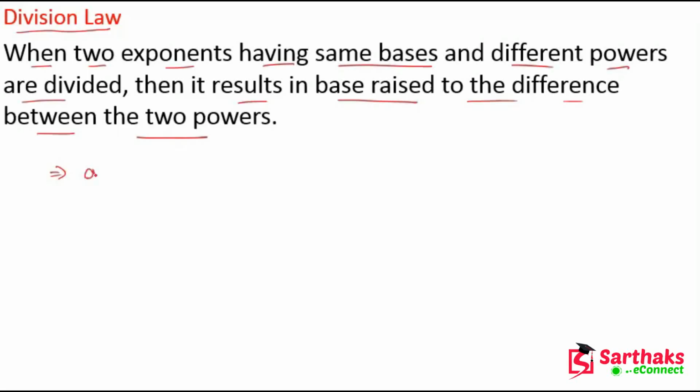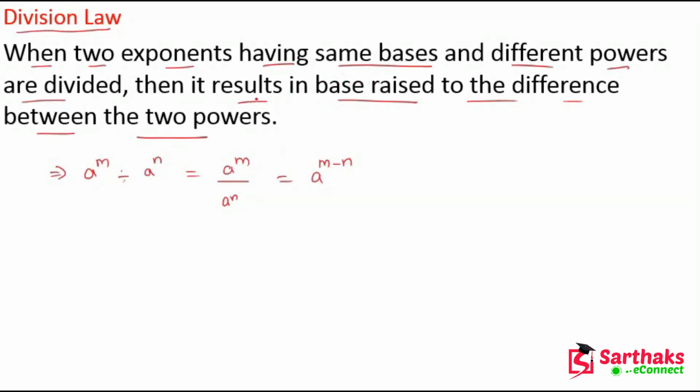Here we have two exponents, a raised to power m and a raised to power n, and we have to divide them. So we can write it as a raised to power m divided by a raised to power n. If two exponents are divided with the same base but different powers, then the result is a raised to power m minus n.